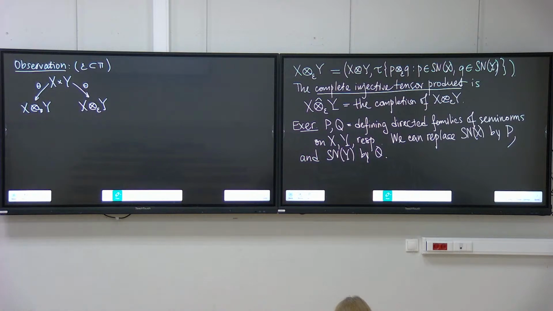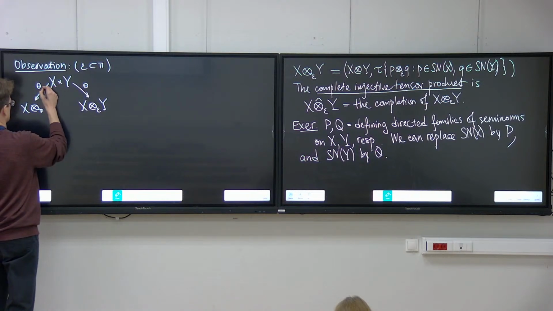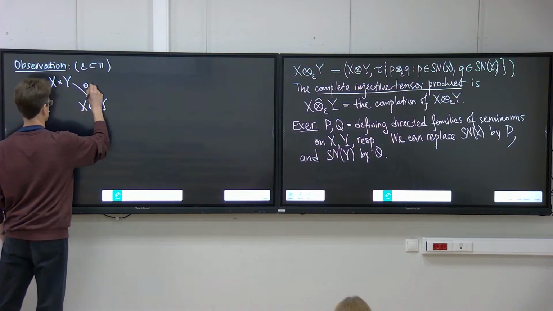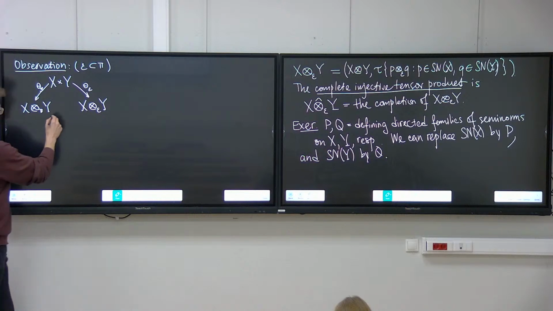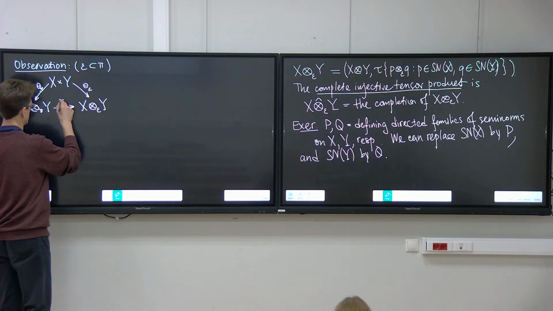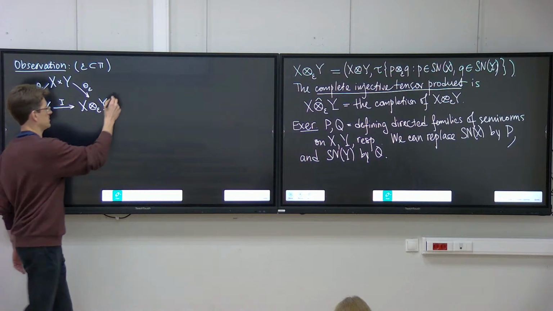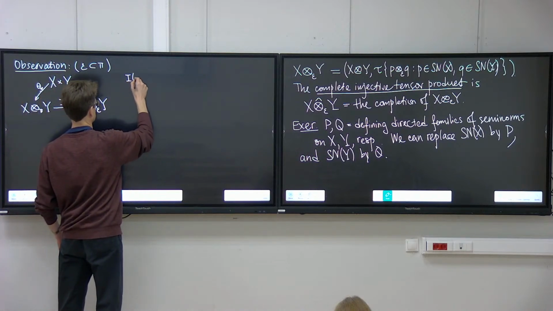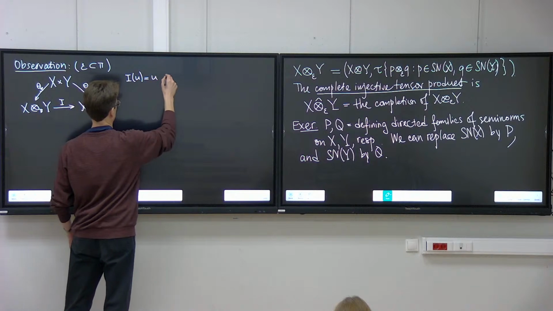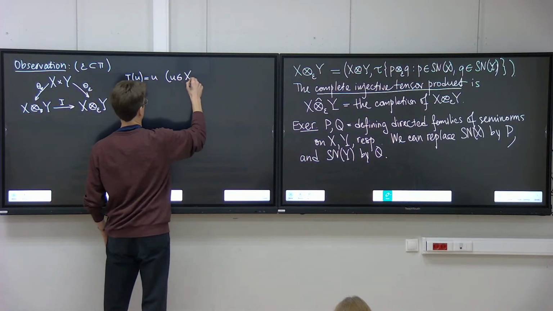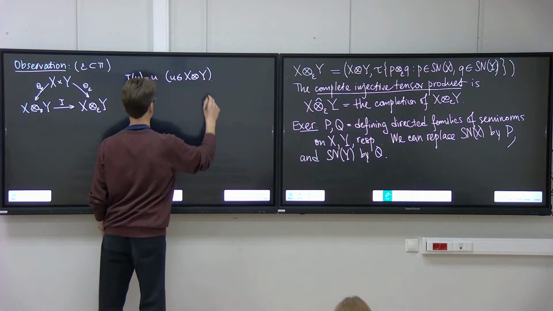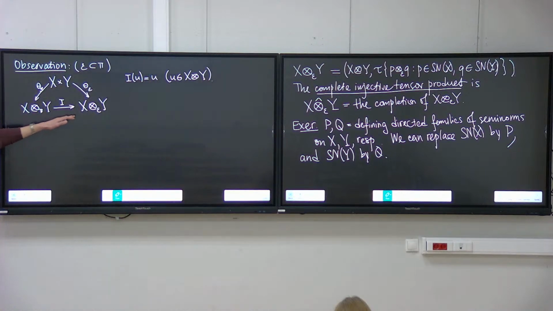For convenience, let's denote them by subscripts, theta pi and theta epsilon. And here we have a map denoted by I, which is essentially the identity map from the set theoretic point of view. But remember that it acts between two different locally convex spaces. So here we have the projective tensor topology, and here the injective tensor topology.